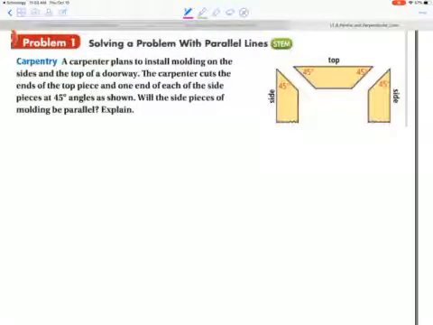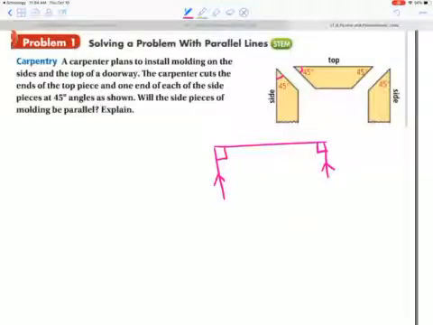Carpentry. When we are planning to install molding on the sides and the top of the doorway, the carpenter cuts the ends of the pieces so that each one is cut into a 45-degree angle here and here. When we put those together, we end up with a 90-degree angle here and a 90-degree angle here. Will the side pieces of the molding be parallel? Will these two sides be parallel?